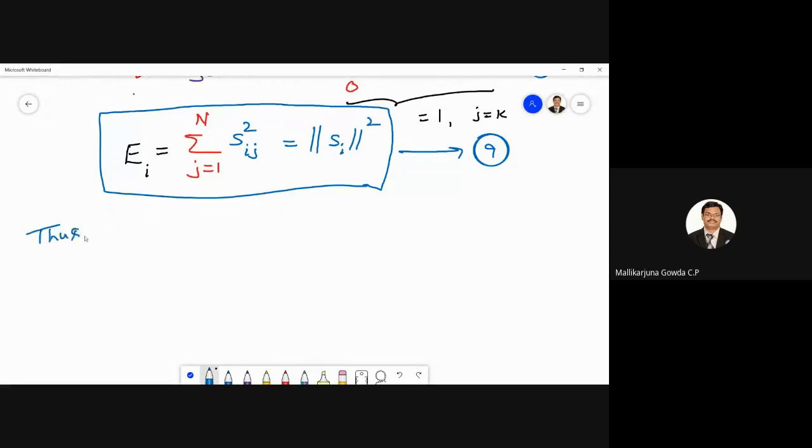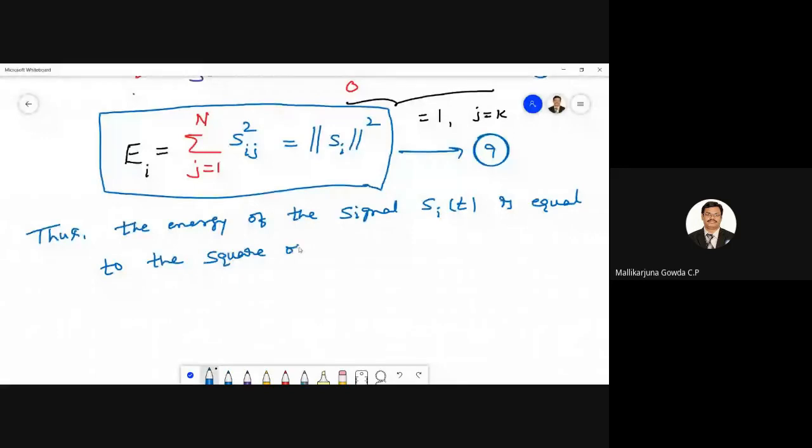What I can write is the energy of the signal Si of t is equal to the square of the length of the corresponding signal vector Si.